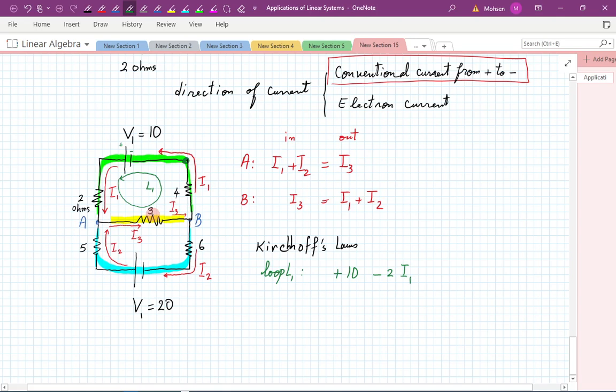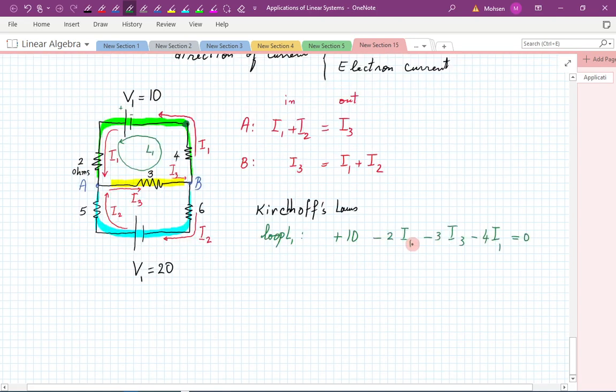So if you go through a loop and come back to where you were, you have this balance equation. You can simplify it to 6I1 plus 3I3 is equal to 10 if you wish.